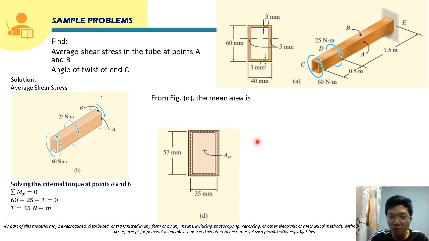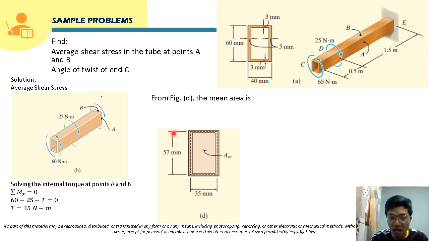This came from 40 millimeter minus the thickness from the center line to the outer wall, that is 2.5, so we subtract that. And same here at the other side, we subtract the thickness from the center line to the outer wall, which is also 2.5. So that will be 40 minus 2.5 minus 2.5. That's why it became 35 millimeter here.